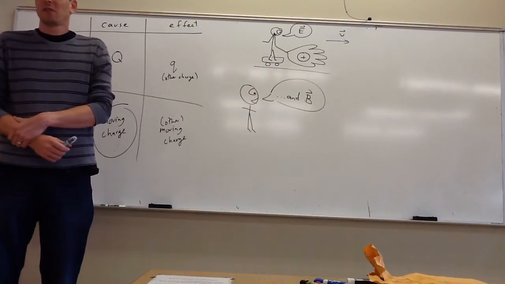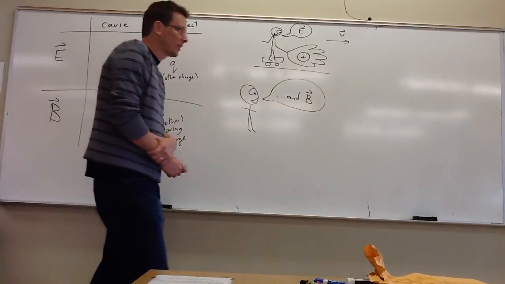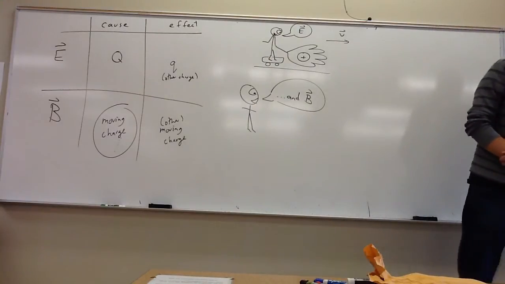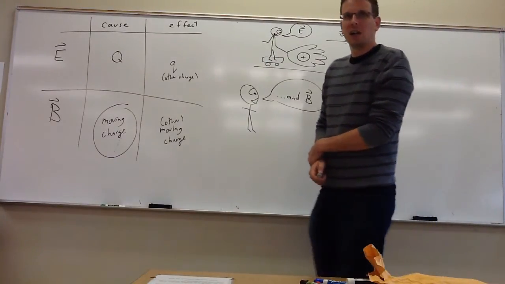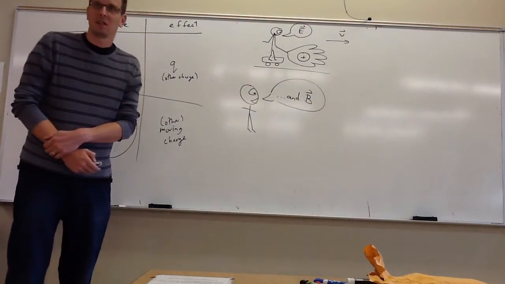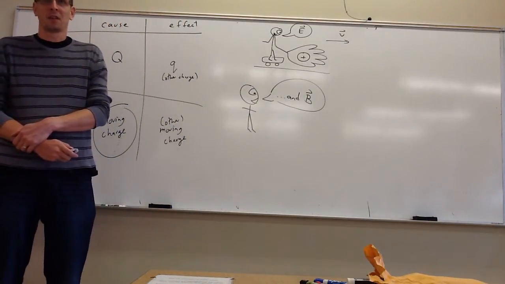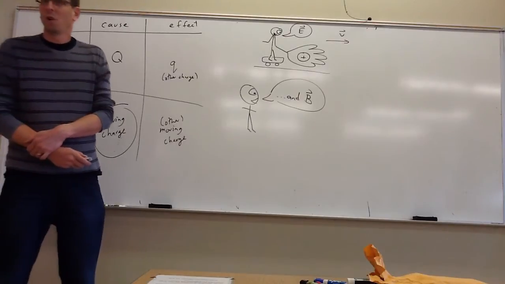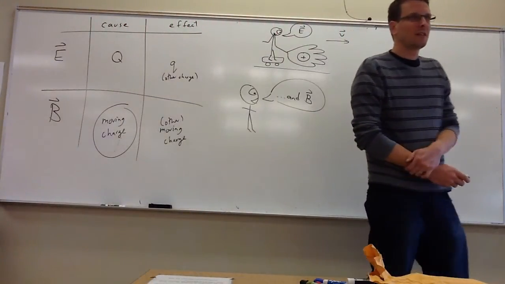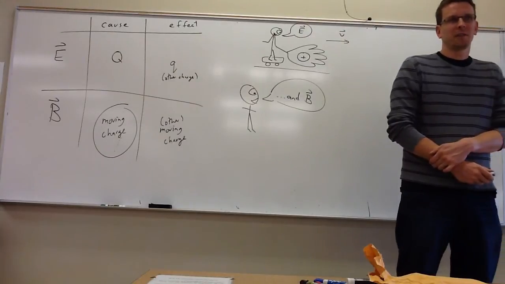So this gives us obviously a hint at the fact that there's a deep connection between electricity and magnetism. And in fact, we're going to, in a week or two, unite them into a common thing called electromagnetism. It turns out that that's one phenomenon. Electricity and magnetism are like two sides of the same coin. Okay?